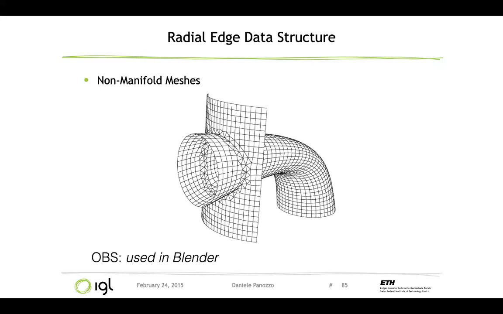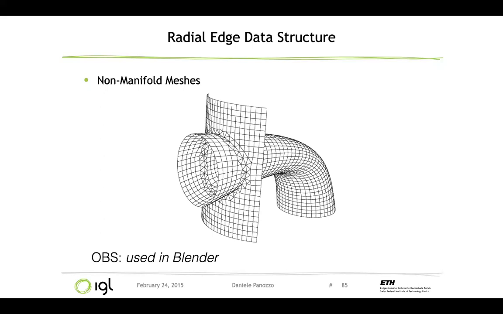And Blender actually uses this radial edge data structure as the basis of everything. And here you see that you have this non-manifold neighborhood along the intersection of these two surfaces, right?